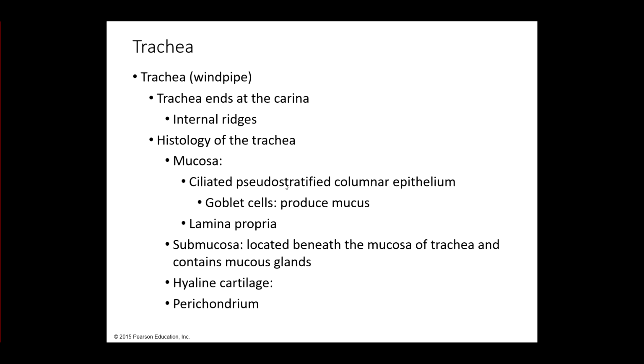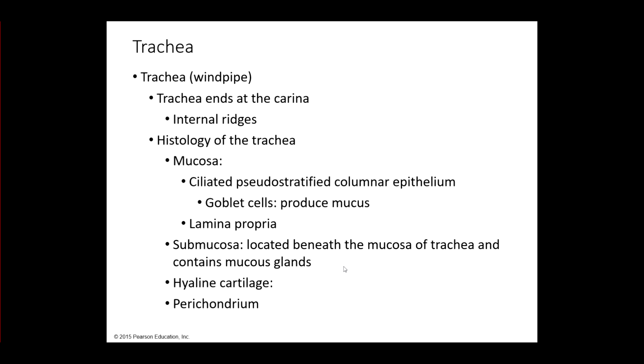Interspersed within these pseudostratified columnar cells are going to be goblet cells, and we know that the goblet cells' function is to produce mucus for us. So we have the layer of epithelial cells, and then always underneath it is going to be the lamina propria. Now, the trachea then has underneath the mucosa a layer known as the submucosa.